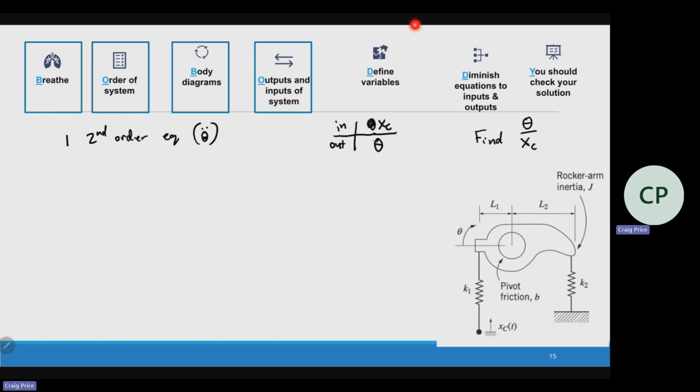Now we should have, in total, three torques acting on our body. Three different torques, two of them related to the springs, one of them related to friction. I'm not going to fill mine in just yet, but from those three torques, now you want to define them, because we do have, like we just started class with, translational to rotation. So I have some translational spring, but everything should be in terms of theta. So how do we relate these to theta?